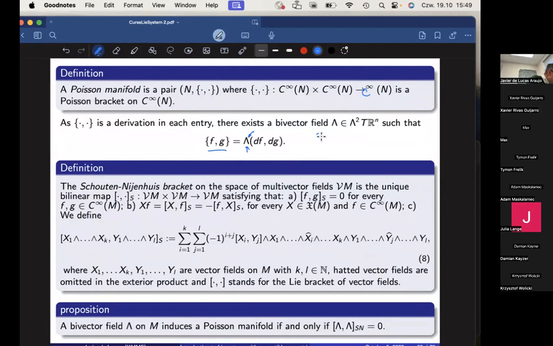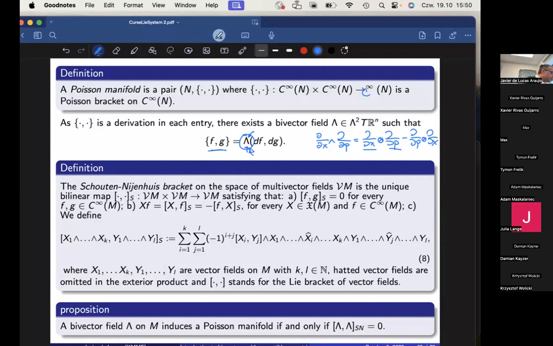At each point, you make the tensor product of these things and you have to antisymmetrize it. When you describe this as a contraction, this is called a Poisson bivector. The Poisson bivector induced by the bracket is unique.